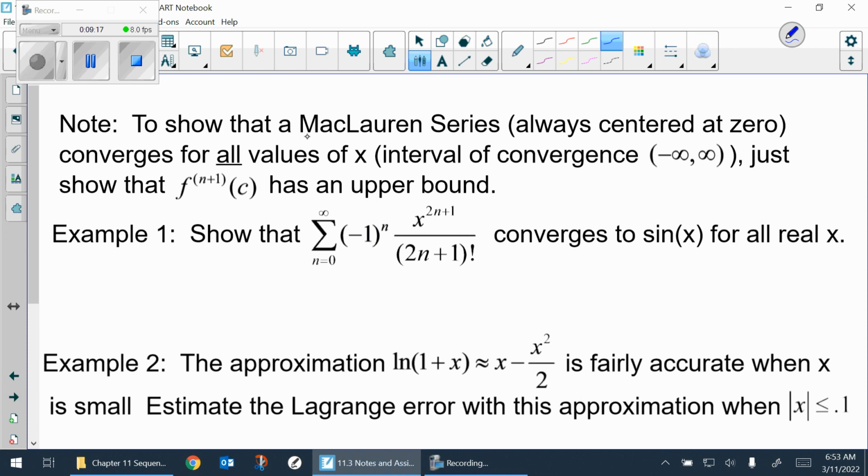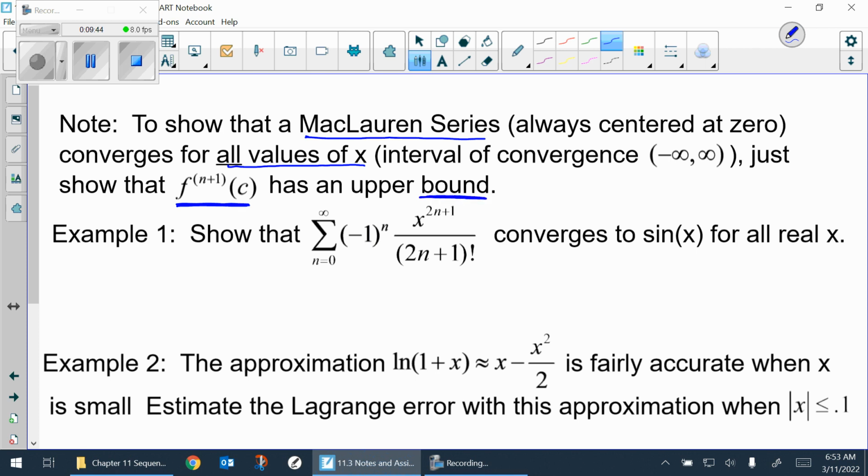We're going to show that a Maclaurin series, something centered at 0, converges for all values of x. All we need to show is that each derivative has an upper bound.